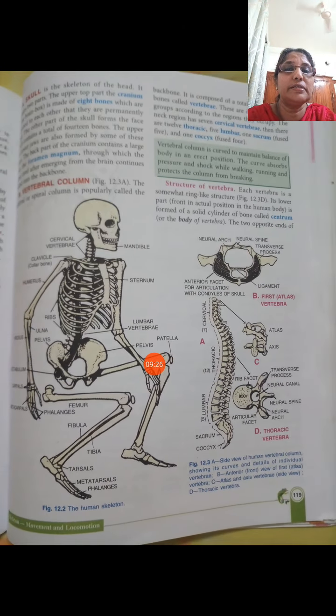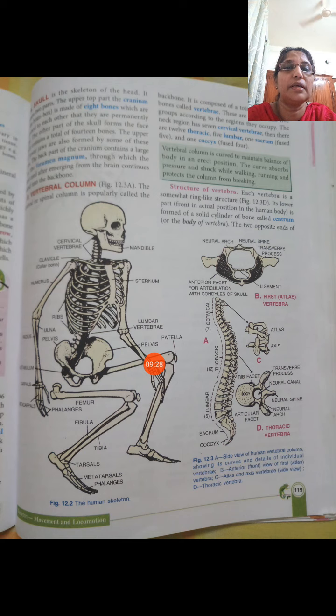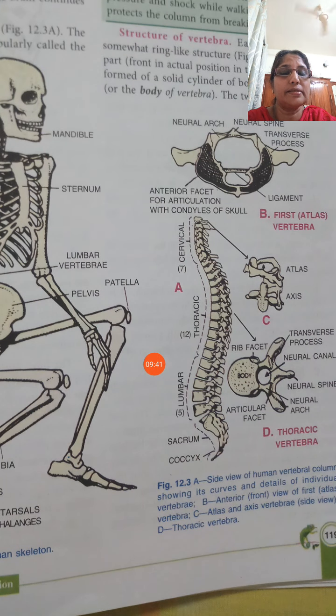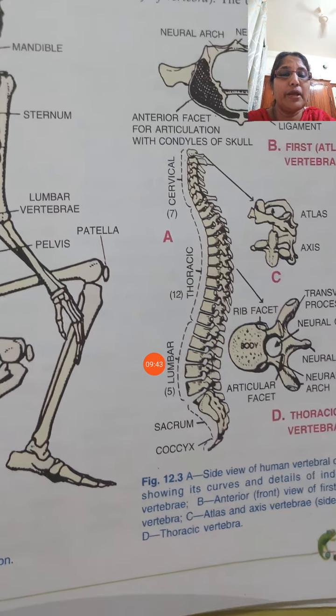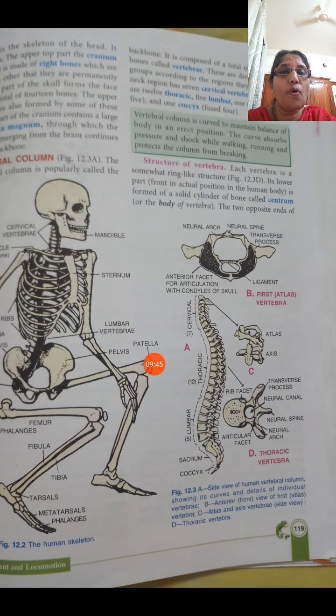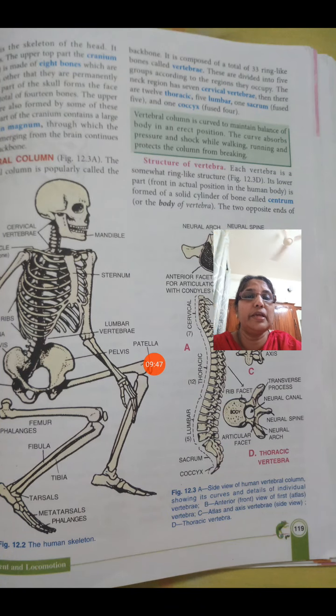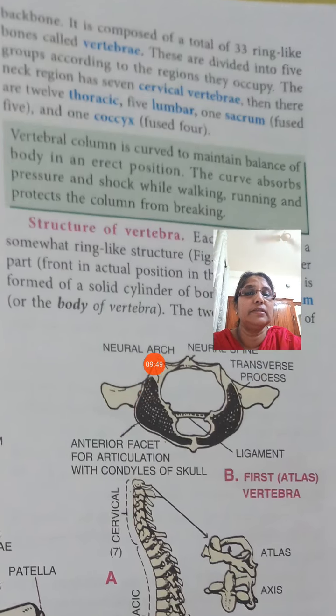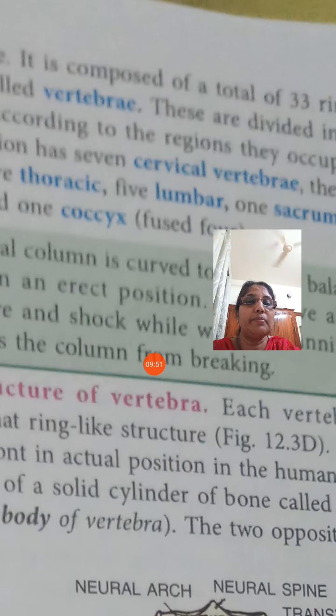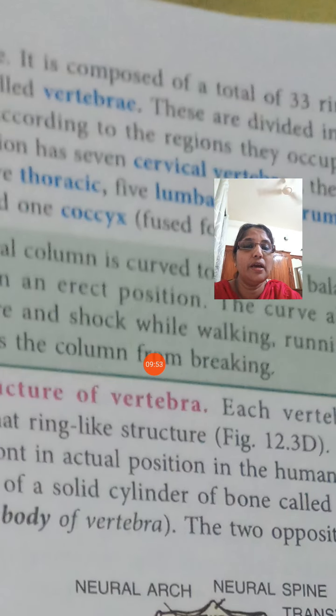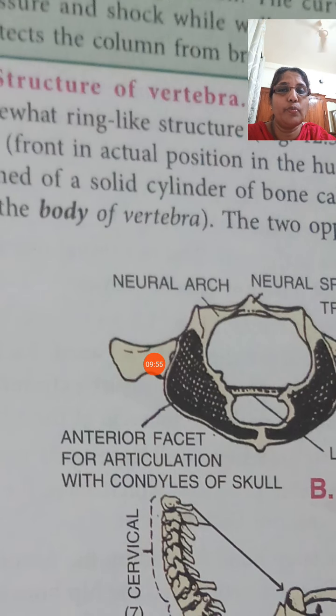At the sacral region, 5 vertebrae are there, fused so that they appear as one, and then the coccyx region, where 4 vertebrae are fused together. Totally 33 ring-like vertebrae are present in the human backbone.